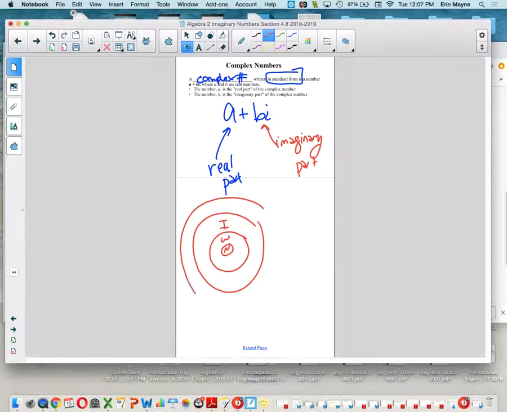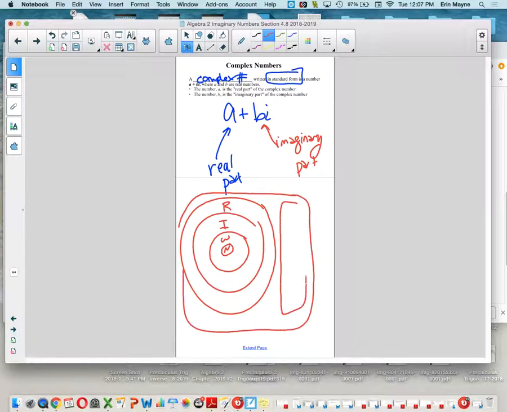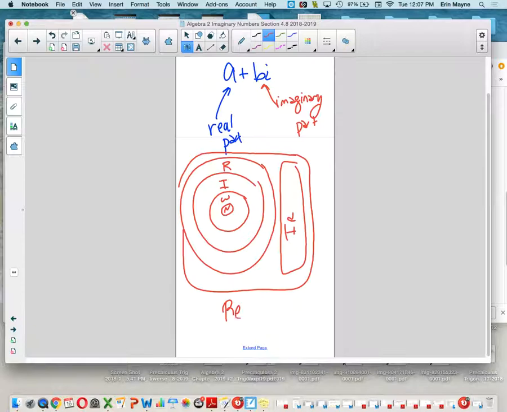Followed by rational, which is anything that can be written as a fraction or a decimal. And then you were told there was this other category called irrational. Anyone remember that? And you were often told this is called your real number system. Real, as in not including all of our imaginary.